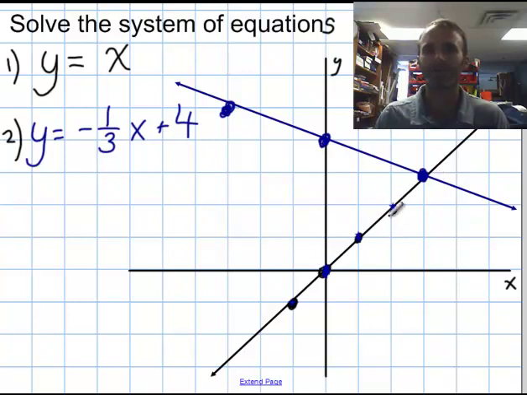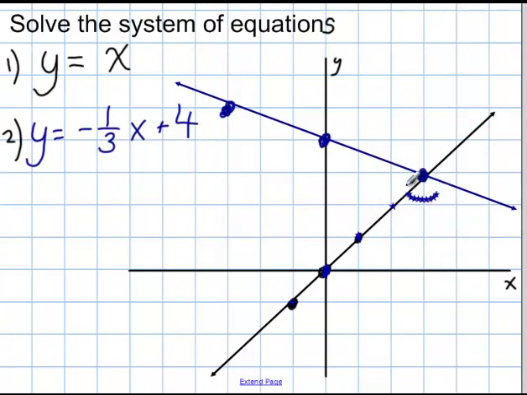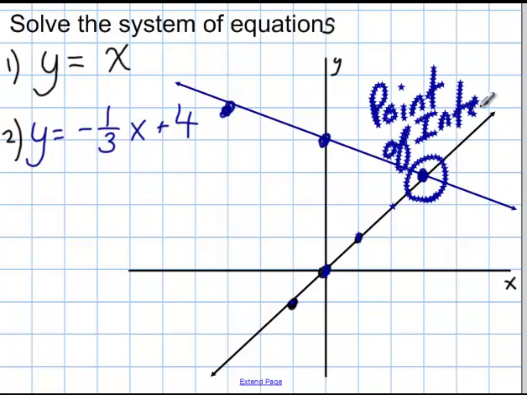Well, all those satisfy this graph. But right here, the point of intersection. So it's the point of intersection. That is the solution to both of these equations.